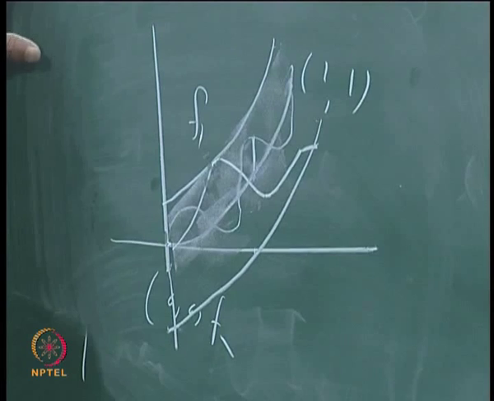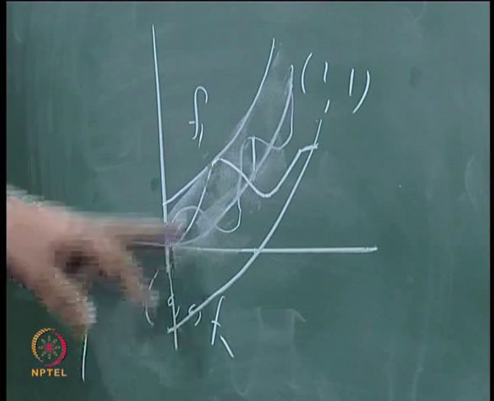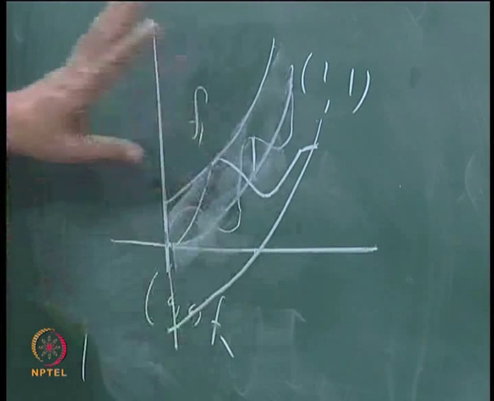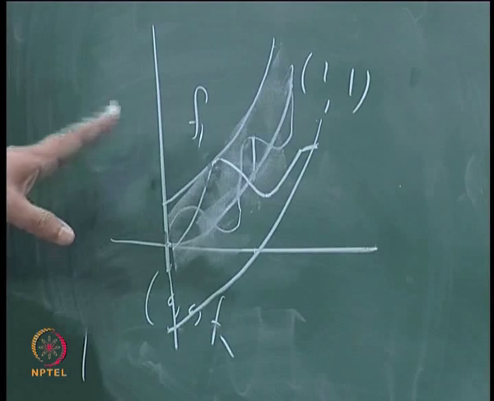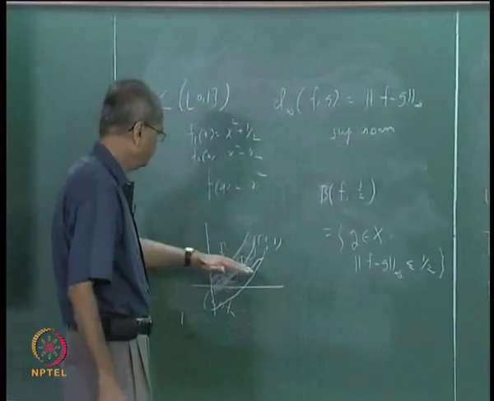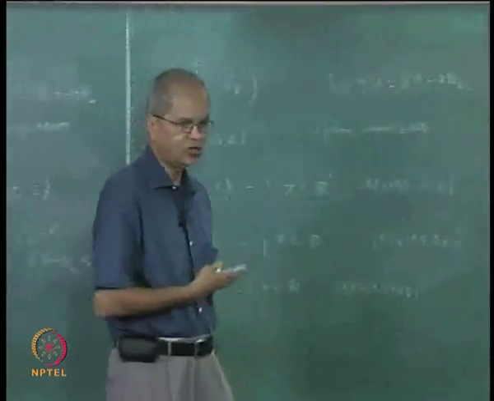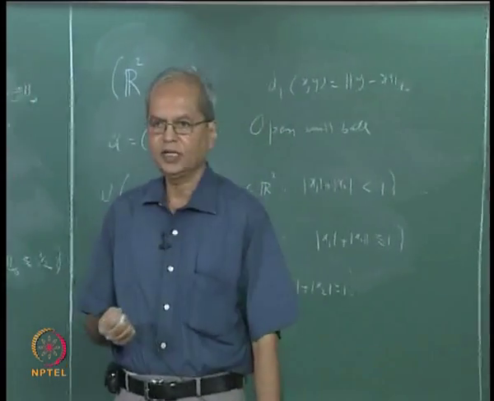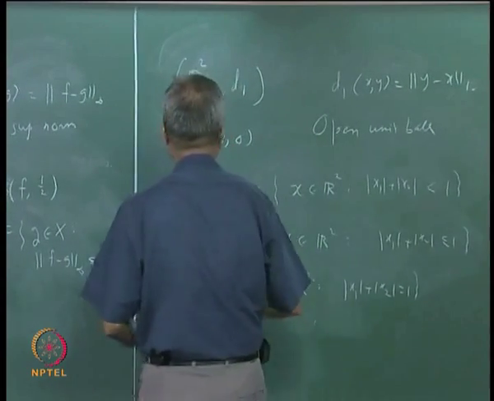All those functions whose graph meets the graph of f1 or f2 at least once are included in the sphere. So in this example you see that balls and spheres can have practically any arbitrary shape in various metric spaces.